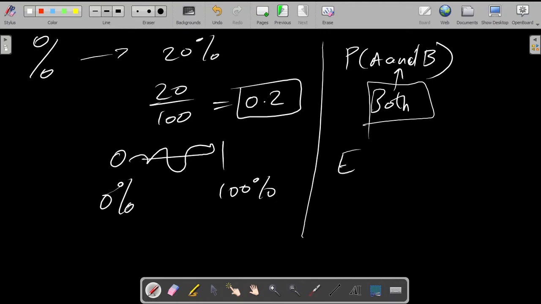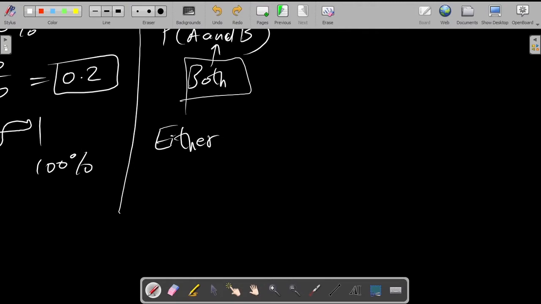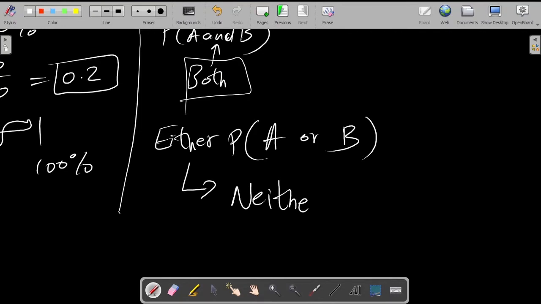But another word would be either. When you talk about this word either, then you're basically referring to one or the other. So it can be A or B, the probability of either A or B occurring, and the opposite of this would be neither. So basically the probability of not A or B, right?